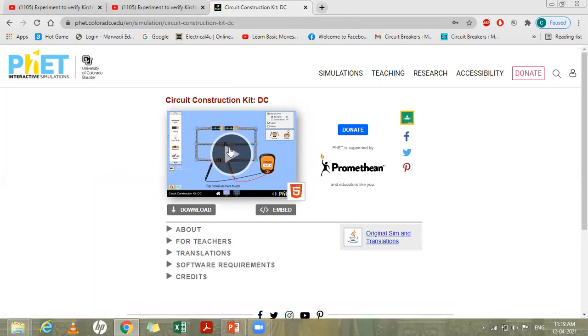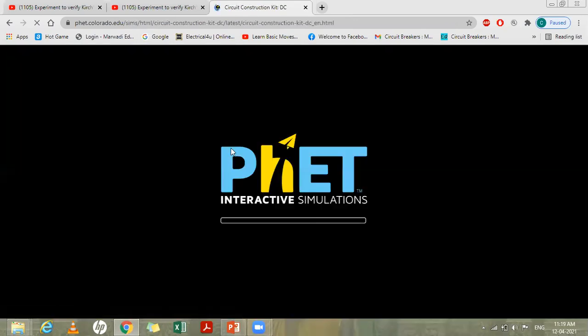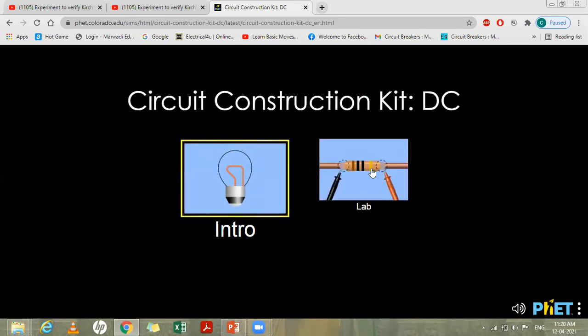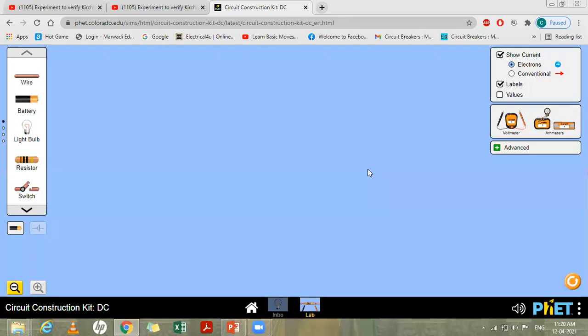Once you are on this page, you can open this one, and then click on the lab. Let me know once everyone is on this page in the chat box.